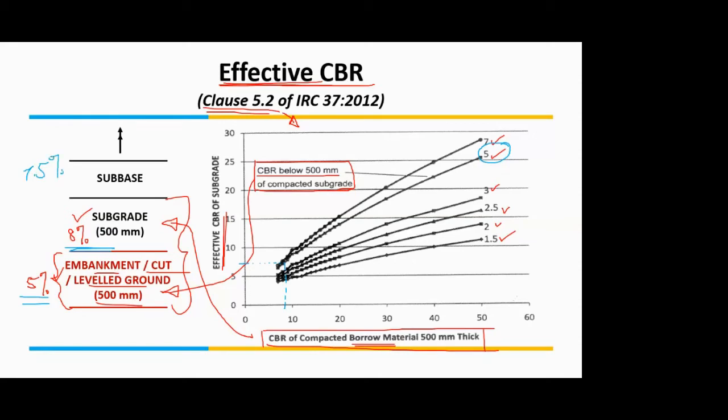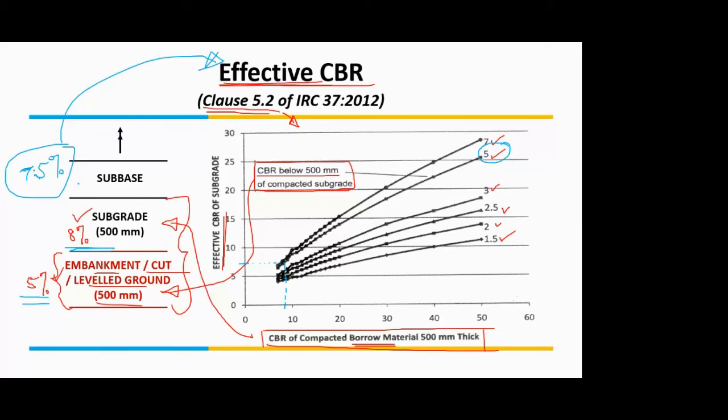So this will be your effective CBR value for design, and you will take this as an input in your design process. So in the flow chart that I showed you in the previous slide, the effective CBR that you are going to consider is this 7.5% value. This is from the example that we have taken, okay, not always will it be 7.5.